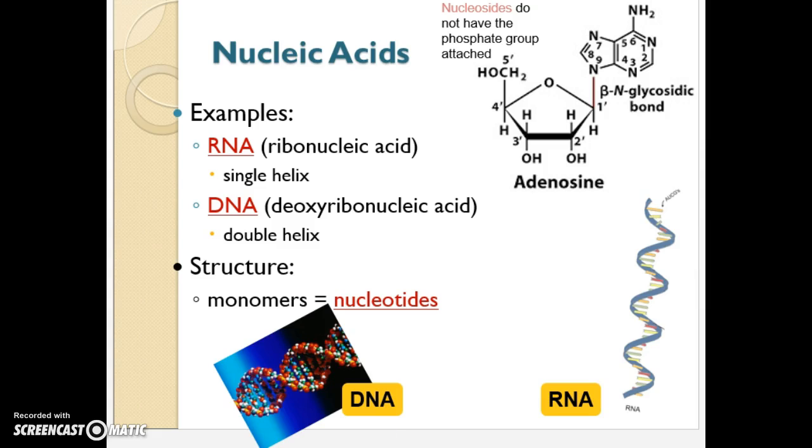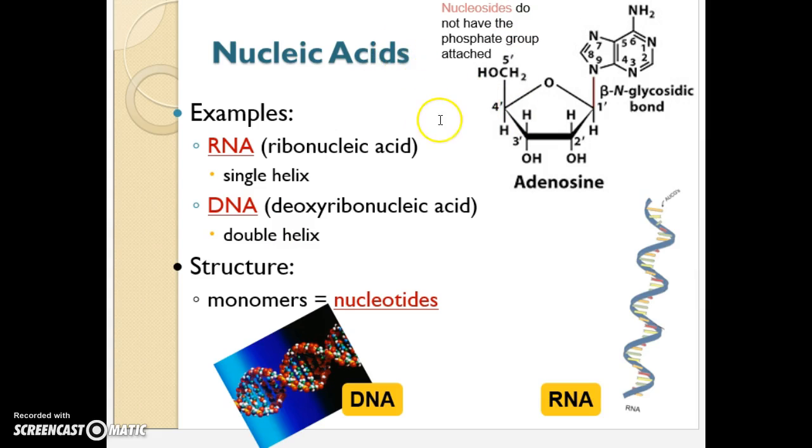And again, this is pointing out that the monomer of a nucleic acid is a nucleotide. I want to point out here that nucleosides, you may just see that sometimes and think maybe it's a typo, but it actually is a structure. The difference between a nucleoside and a nucleotide is that a nucleoside simply does not have the phosphate group attached to it.